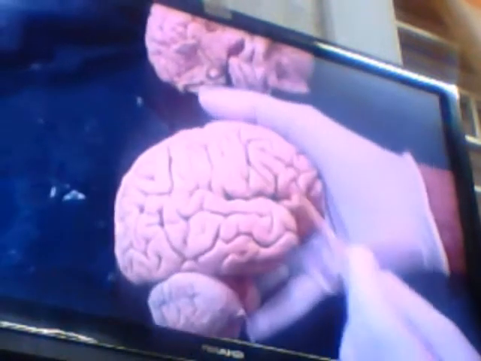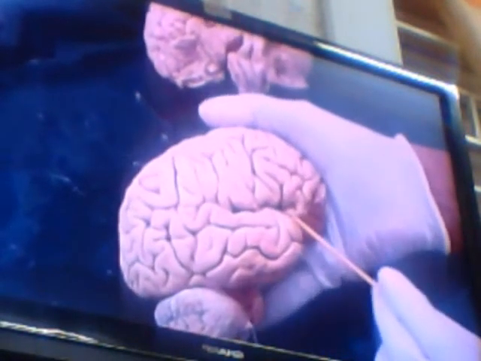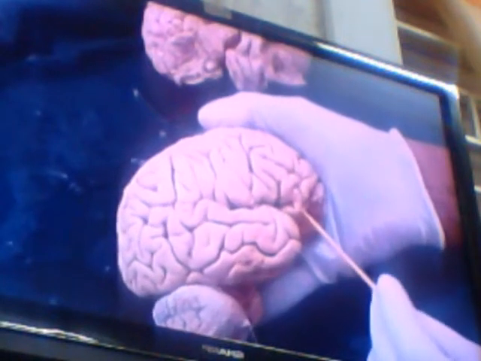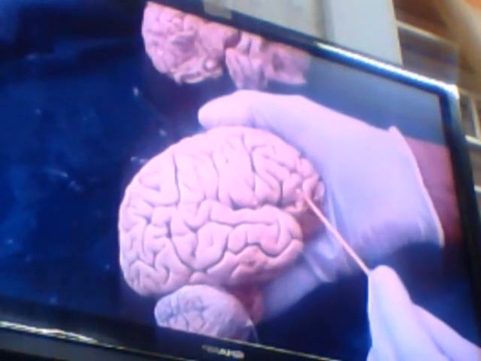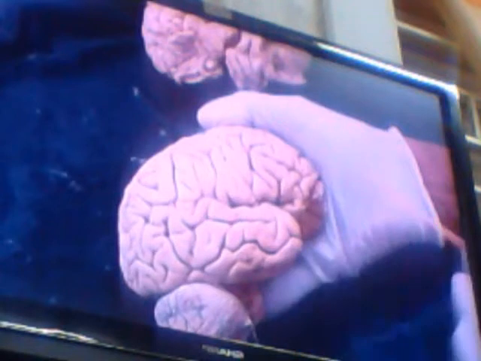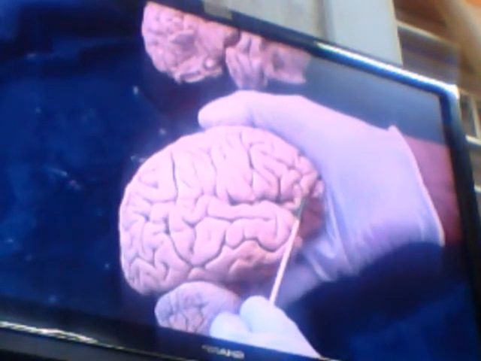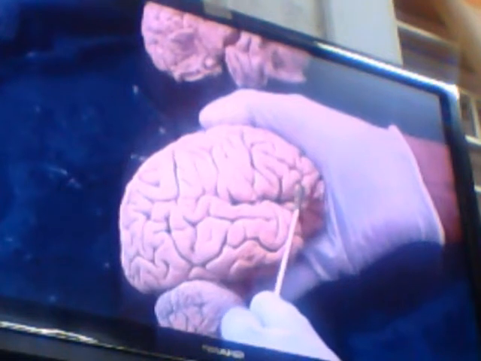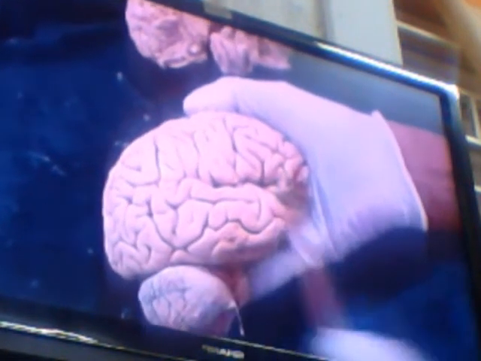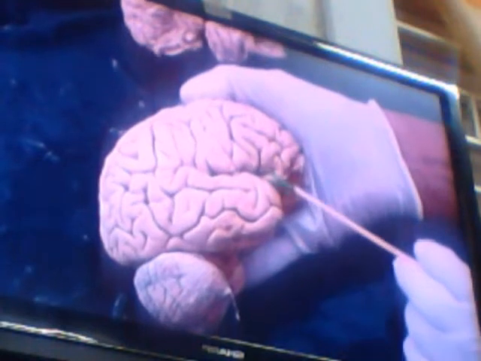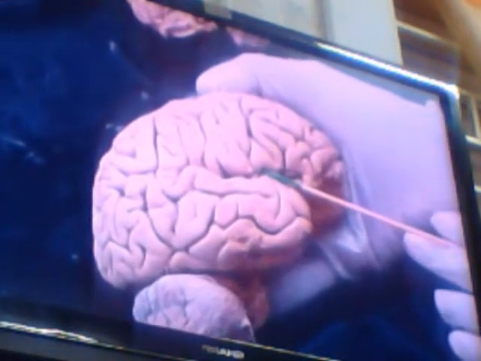Okay, a little bit more on this superolateral surface. When you look at the superolateral surface, there is a sulcus that is running this way. There's another one running up here, and there's another one running this way.